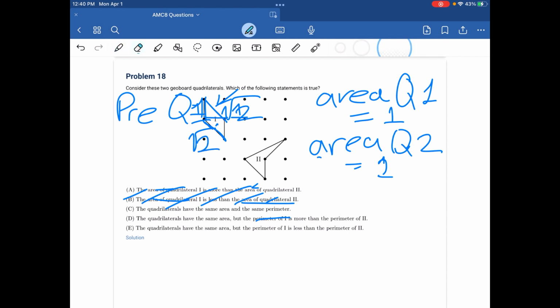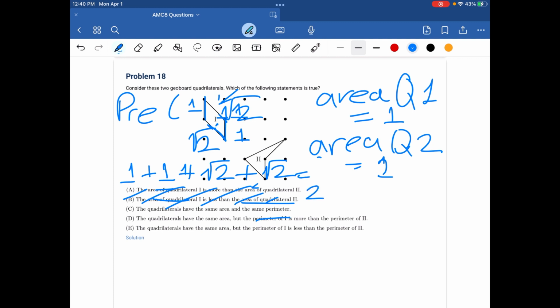And then the two remaining sides are over here and over here. These are straight lines, so you can just tell this is 1 and this is 1. So our whole perimeter is just 1 plus 1 plus square root of 2 plus square root of 2, which gives us 2 plus 2 times the square root of 2.